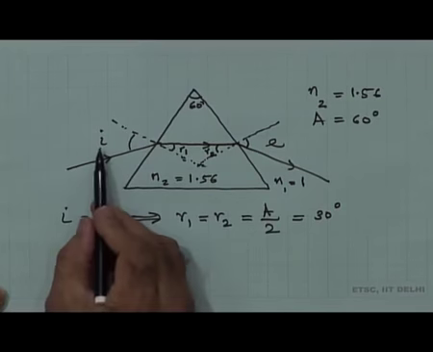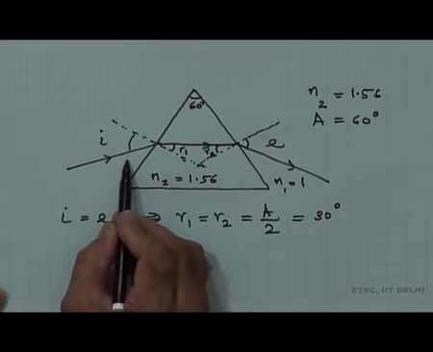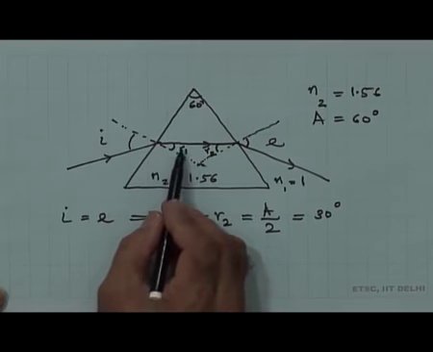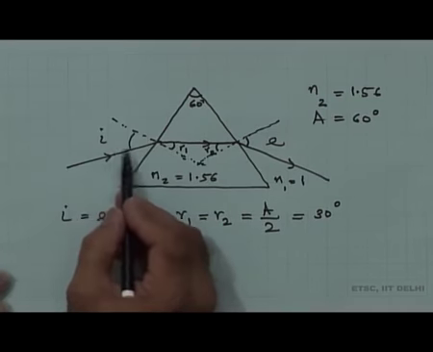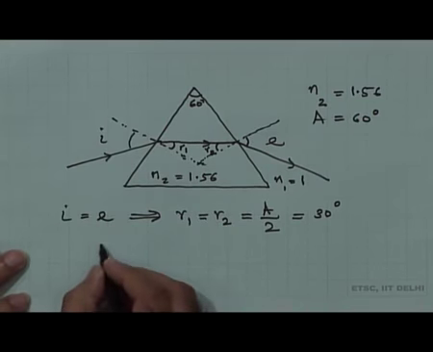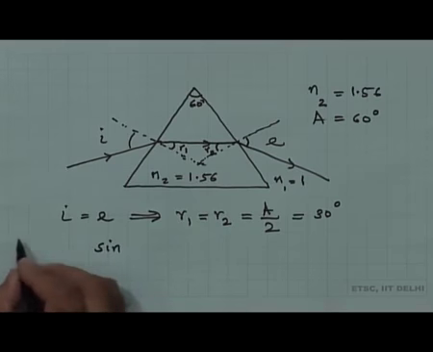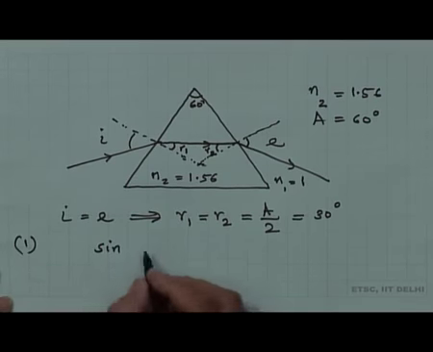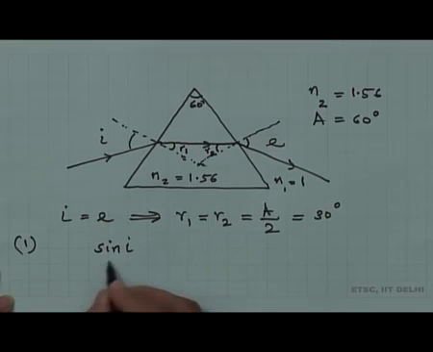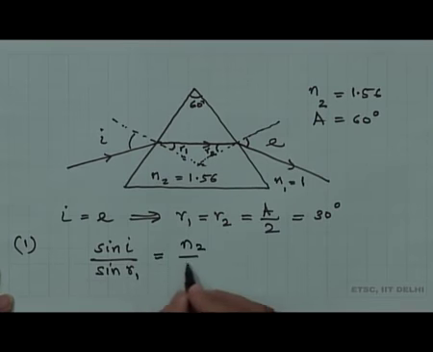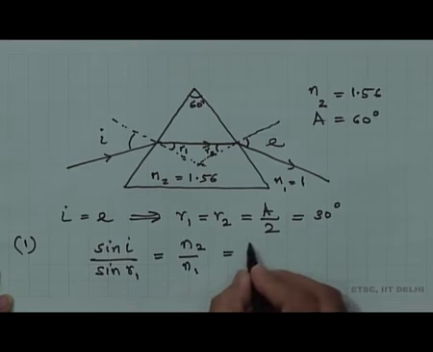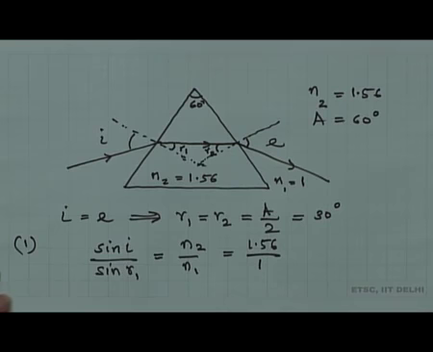The question is what is I? We know the refractive index here, we know the refractive index here, we know the angle of refraction here, and therefore, we can determine I simply by applying Snell's law. So, for the first part applying Snell's law, sin I divided by sin R1 is equal to n2 by n1, which is equal to 1.56 divided by 1, because n1 is 1.